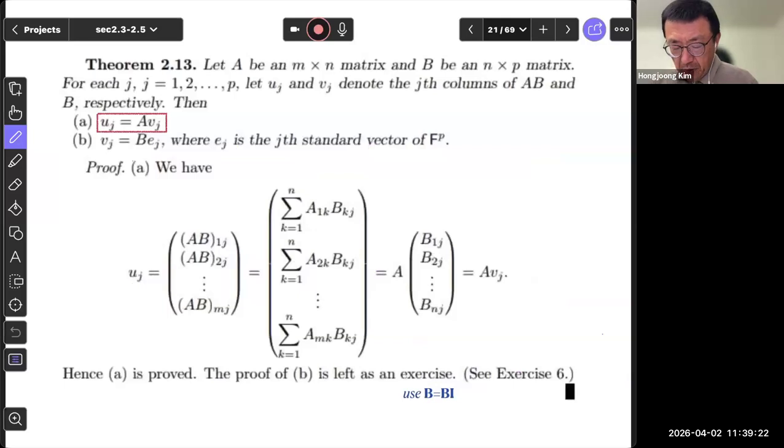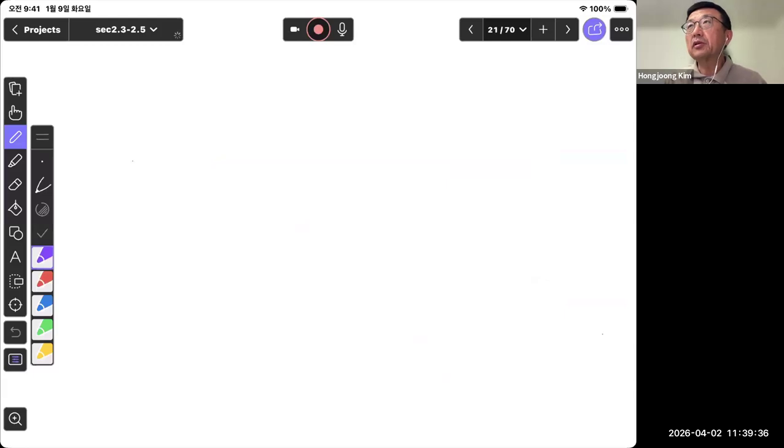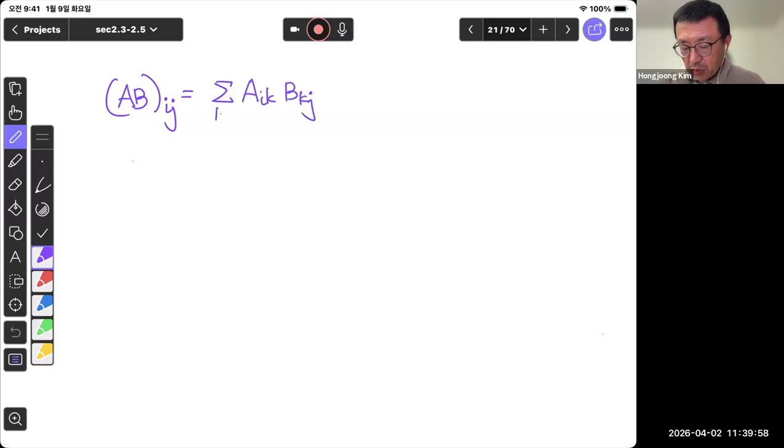Okay, and Theorem 2.13 says: suppose that A is an n by m matrix and B is an m by p matrix. Excuse me, let me review what I just mentioned. When I define the product A times B, the ith row, jth column entry of A times B is the sum of a_ik b_kj, where k goes from 1 to m.